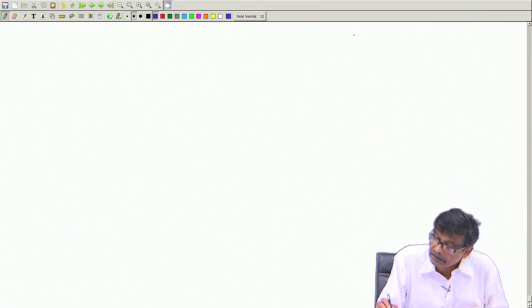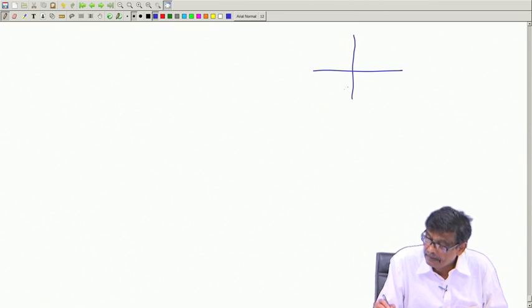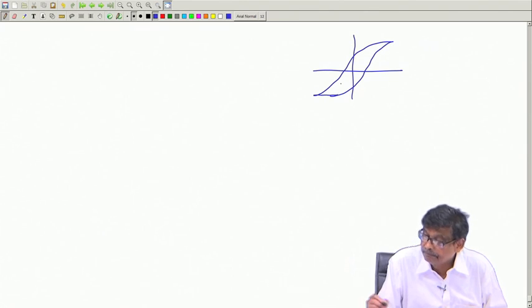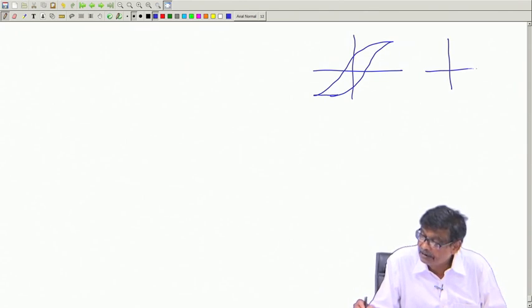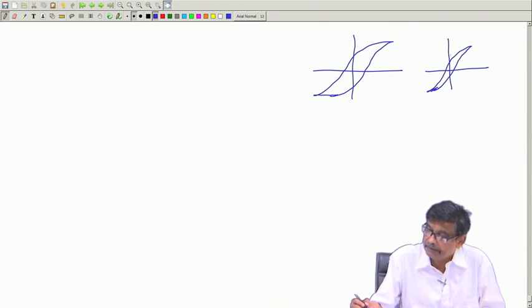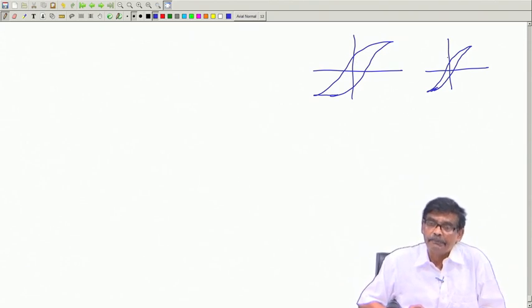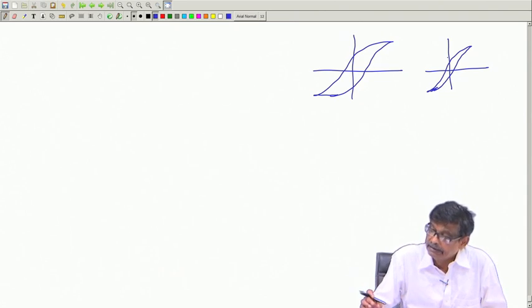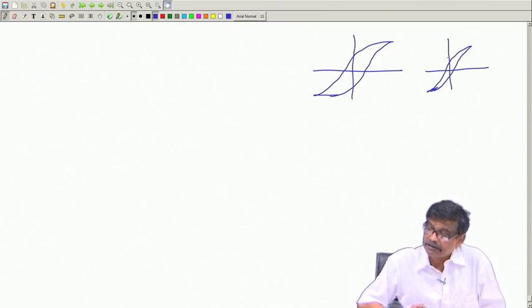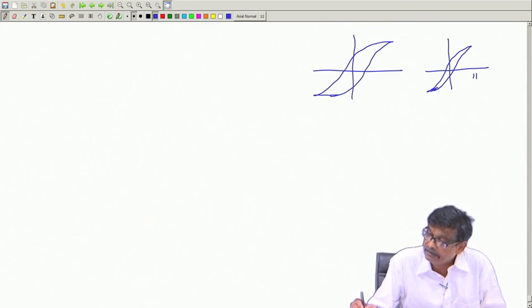That is, for example, if somebody uses a material like this, or instead of that if somebody uses a material like this, the hysteresis loss for this material will be much lesser than this. That is the idea. Choose the magnetic material in such a way that the area enclosed by its BH curve is as small as possible. This is H, this is B, this is H, this is B.